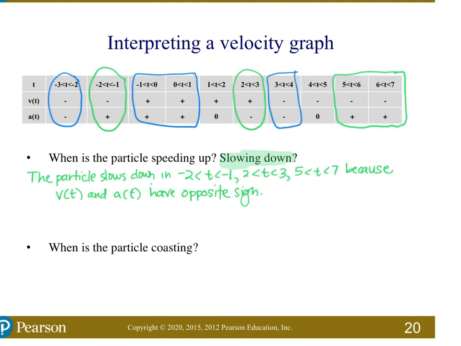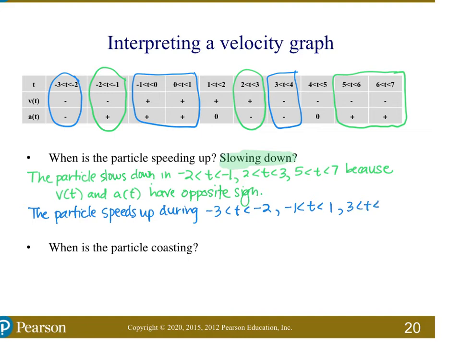So the particle speeds up during the intervals -3 to -2, -1 all the way to +1, and 3 to 4, because v of t and a of t share the same sign.